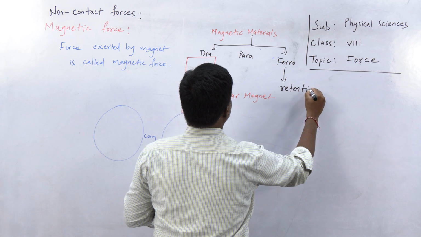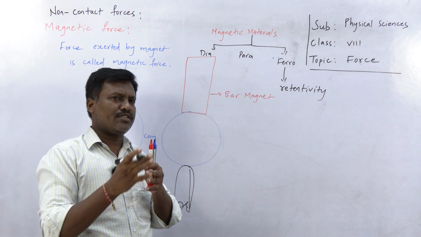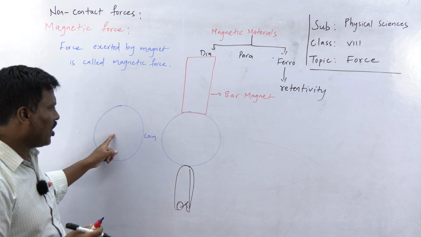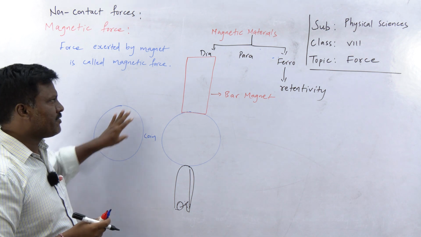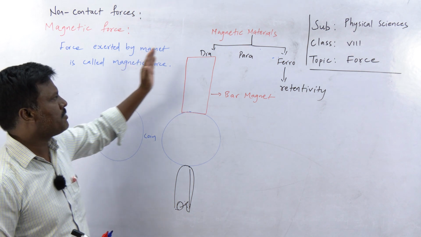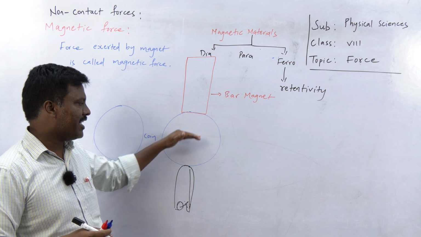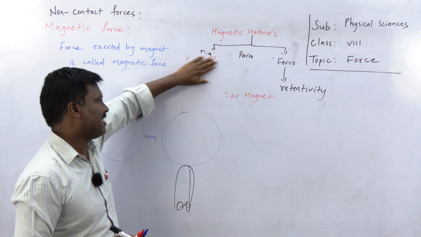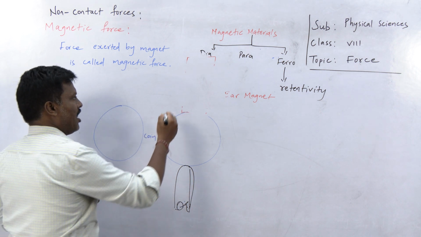Due to this retentivity, once these magnetic materials are magnetized, they permanently behave as magnets. The best example you have just seen: the coin never attracts the safety pin by itself. The coin is a magnetic substance, not a magnet. But whenever this magnet is brought into contact with the coin, the coin is able to attract the safety pin. Even when we remove this bar magnet, the coin is able to attract the safety pin for a long time.